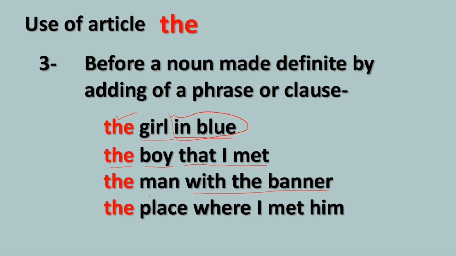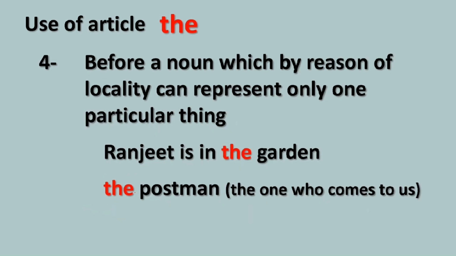So this man has become definite by using with the banner, means with prepositional phrase is there. That's why the article is to be used. Similarly, the fourth sentence is the place where I met him. This is WH clause. That's why place has become definite word. That's why article the is to be used here.